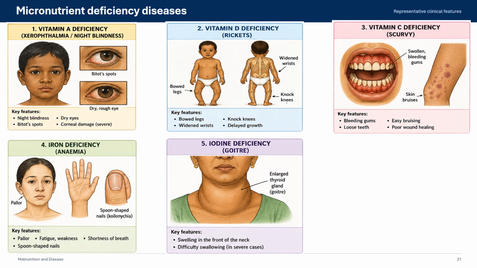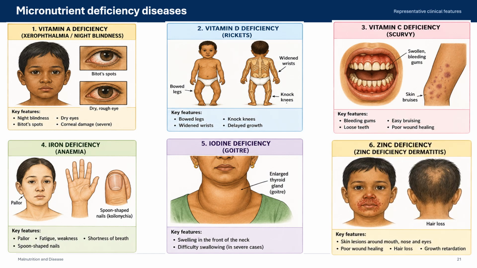Common causes of this deficiency include inadequate iodine intake, living in iodine deficient areas, and excessive consumption of goitrogenic foods in the absence of sufficient iodine. Therefore, prevention of this deficiency will involve regular use of iodized salt and consumption of iodine-rich foods such as seafood, dairy products, and eggs. Now, the last example we'll look at is zinc deficiency.